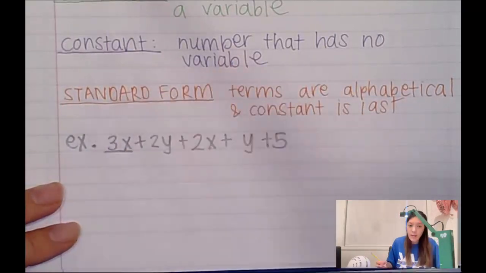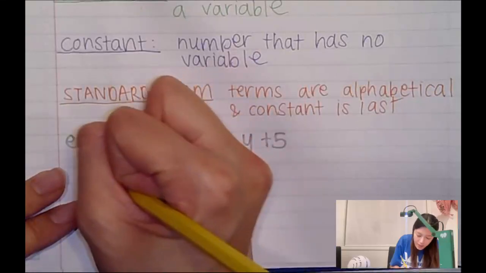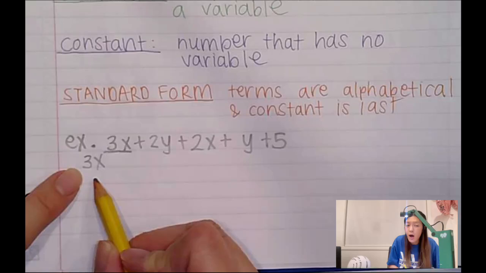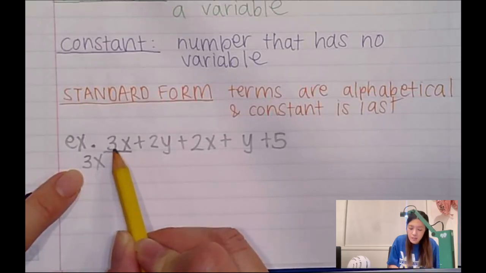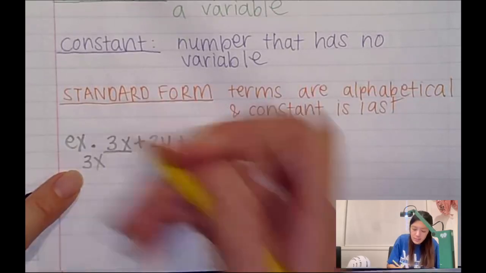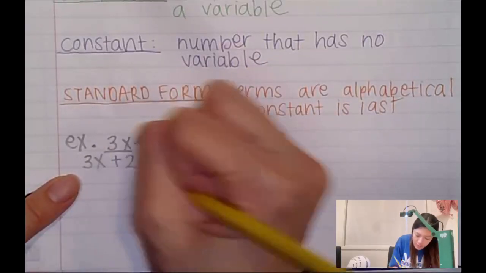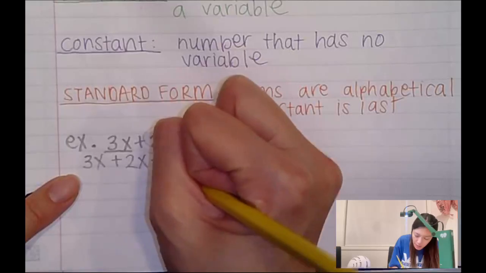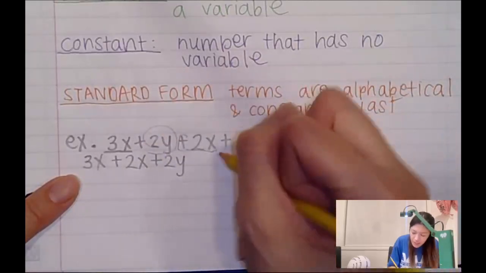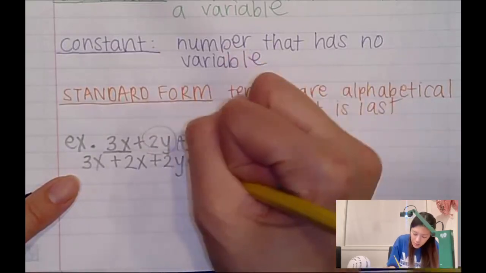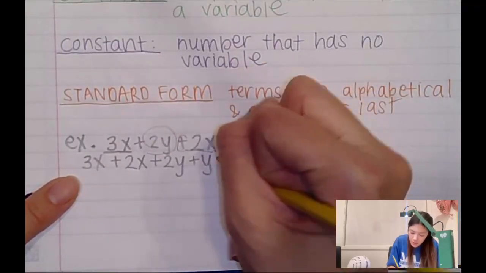I'm going to start from left to right. So I have 3x. Is there another term that also has the variable x? I'm going to scan through it. Yes, there is, and that operation is plus. So I'm going to write 3x plus 2x and then the next term, plus 2y. Is there another term with the variable y? Yes, plus y. And my last term is plus 5.